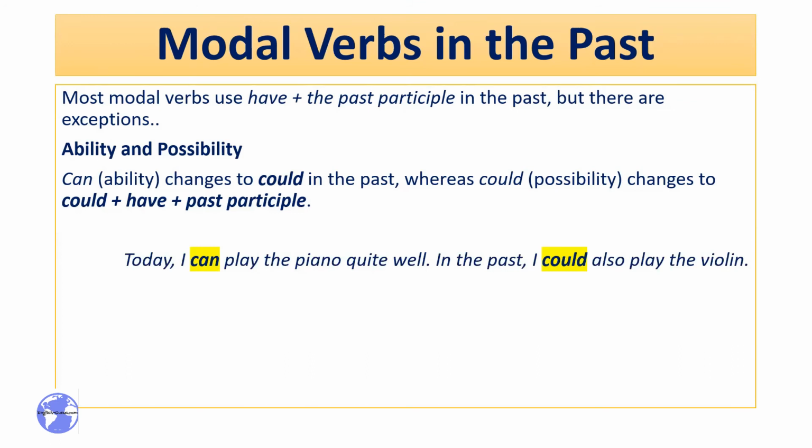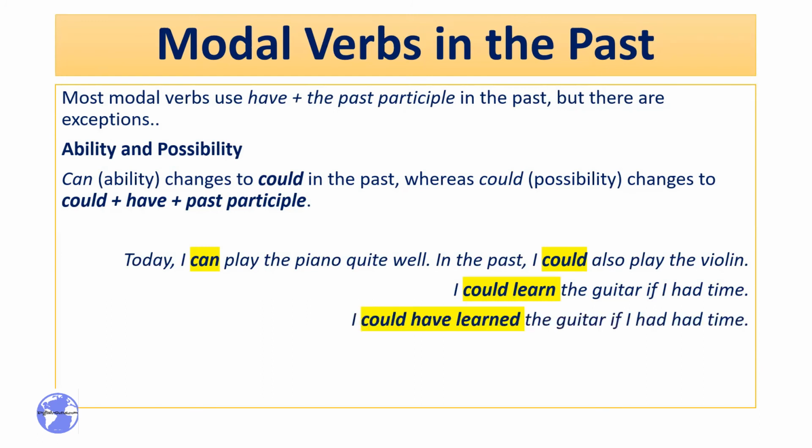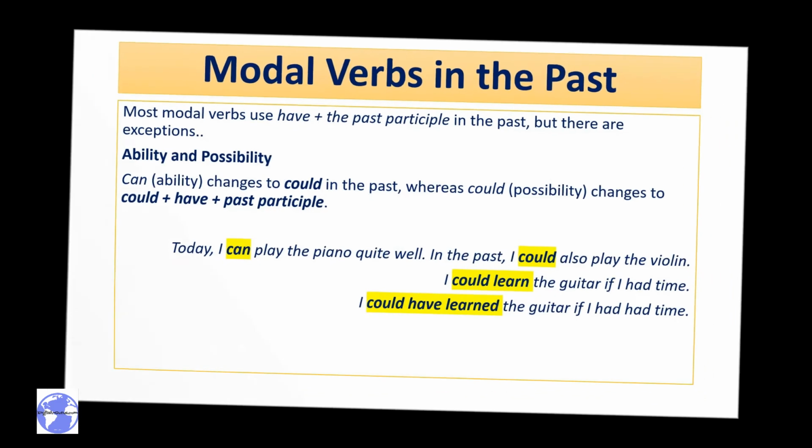In the past, I could also play the violin, ability. I could learn the guitar if I had time. Here, could is used as a possibility to express a conditional form. I could have learned the guitar if I had time. If we put that in the past, it's a past possibility.